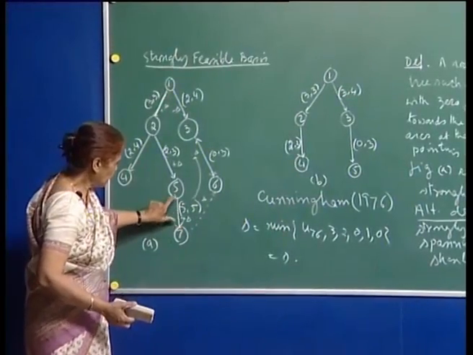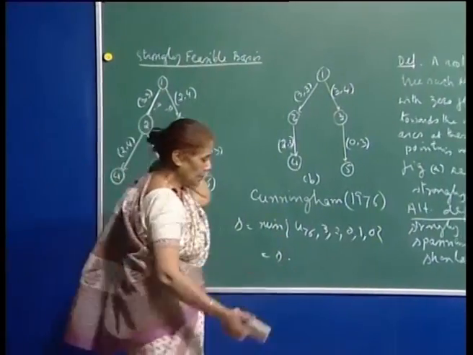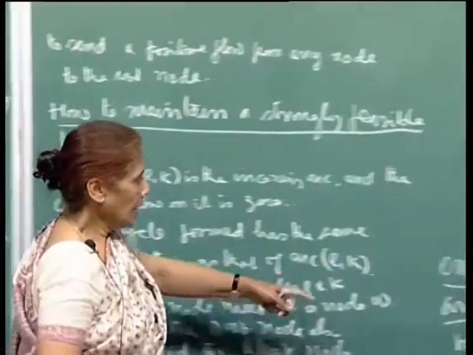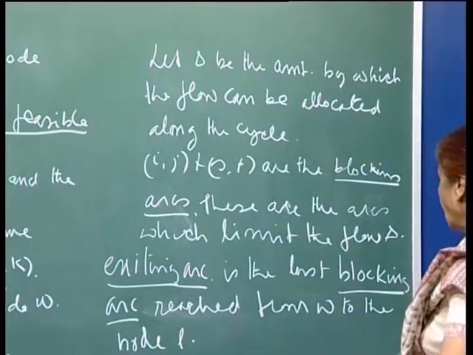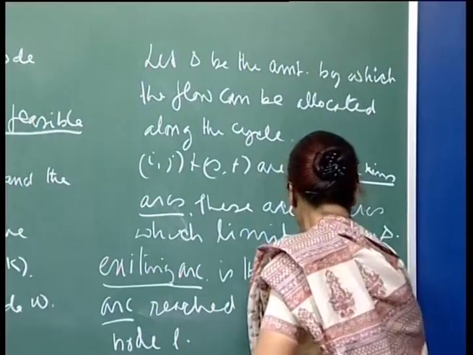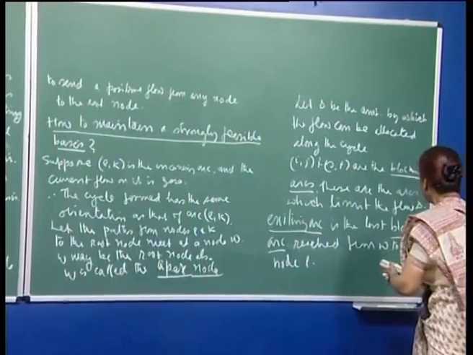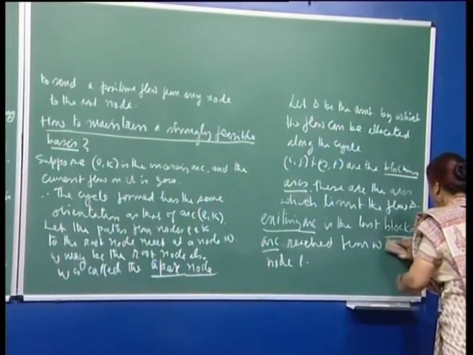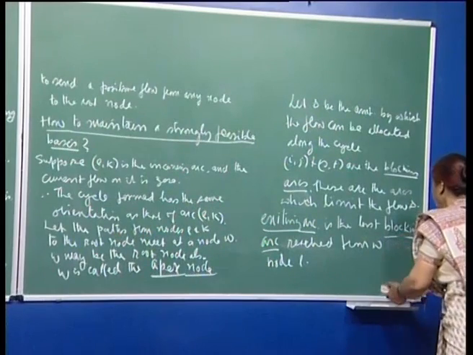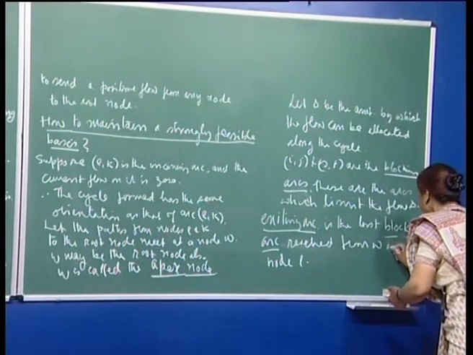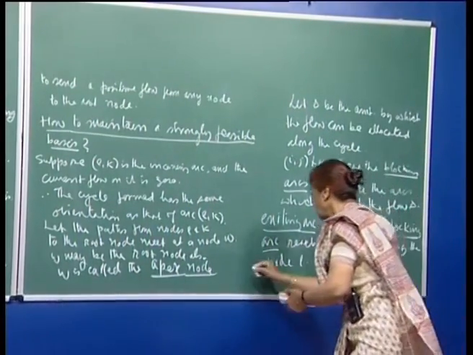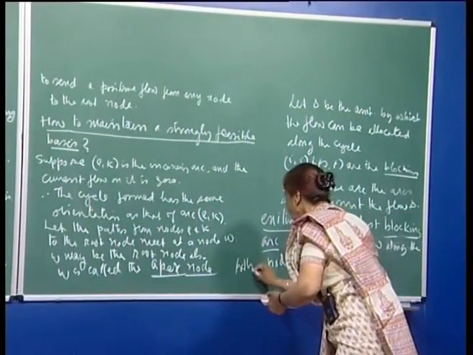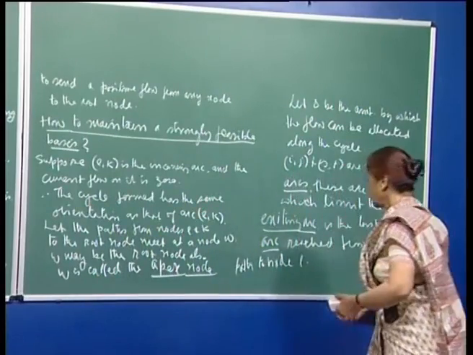Okay. So here this is the last blocking arc. One can make it more clear by saying that the exiting arc is the last blocking arc reached from W along the path to node L. So it's the last one.